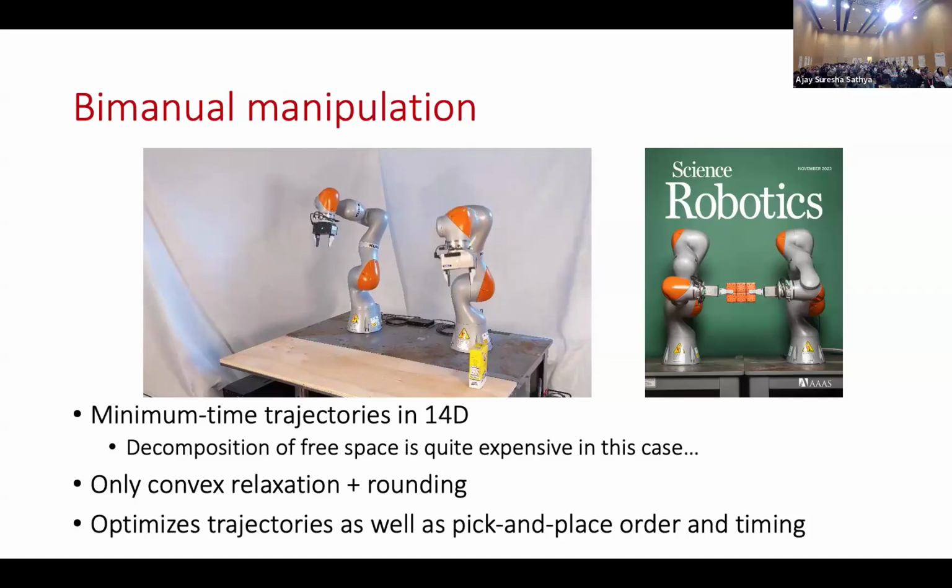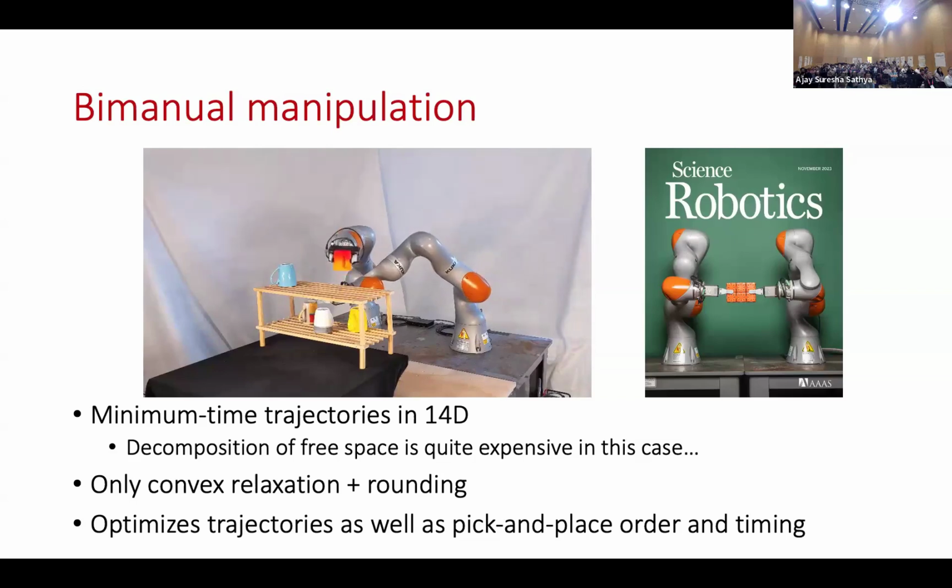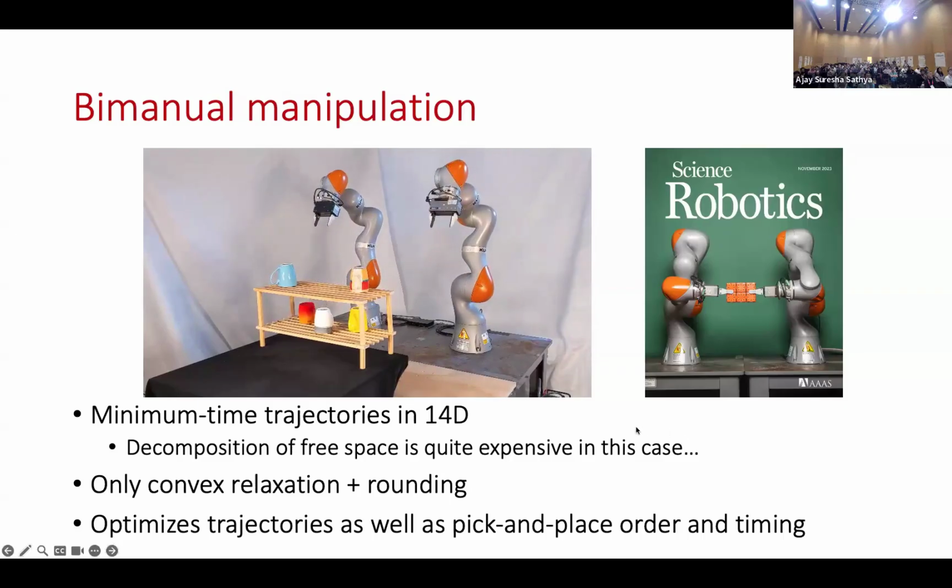And again, we have worked very hard. Alex and Pete are here around. They have developed great tools for this. But then when we have this convex decomposition, we can just solve the convex relaxation and it finds very non-obvious trajectories, again, through only the solution of the convex program.